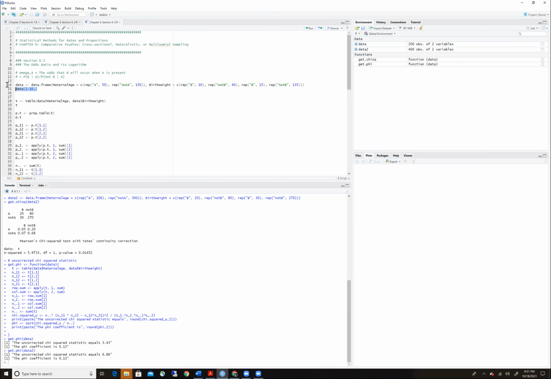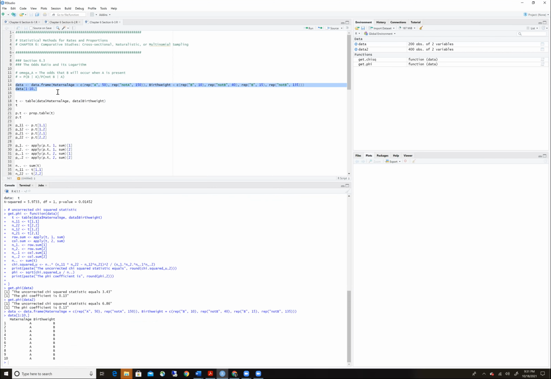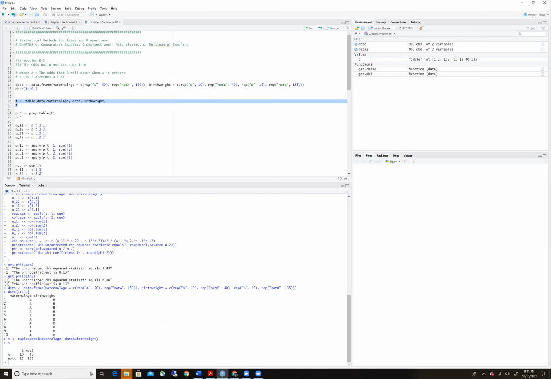All right, so we're going to create our data set that is discussing maternal age and the birth weight of the babies. And we can look at the table to see that we are in the same setup as table 6.1.